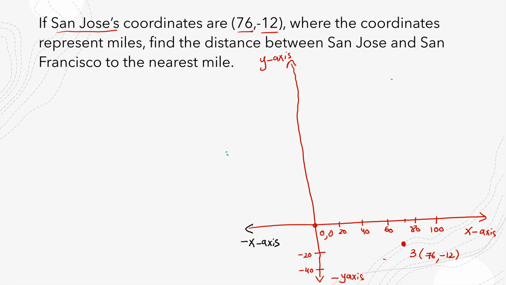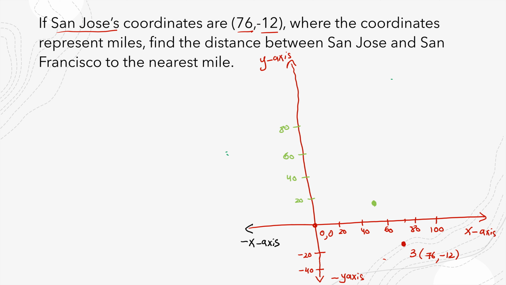Now recall the other points I had. For San Francisco, that was 53 and 17, roughly this point. This is 20, 40, 60, 80.